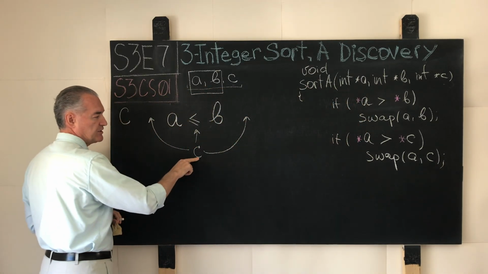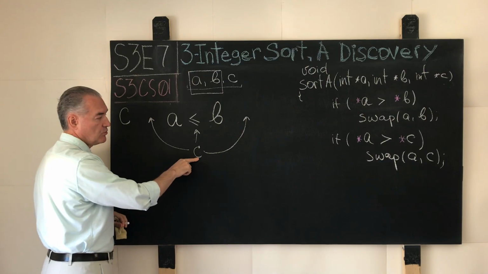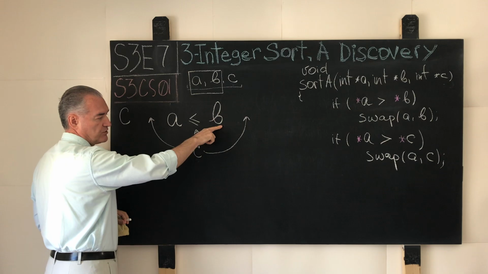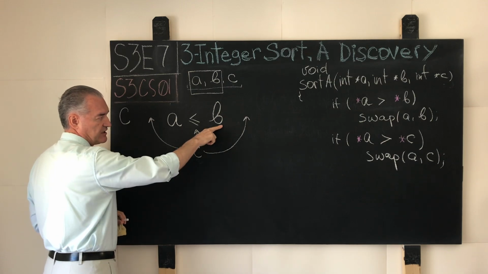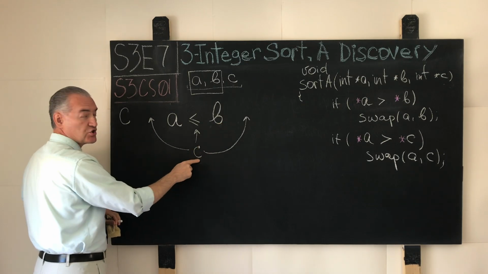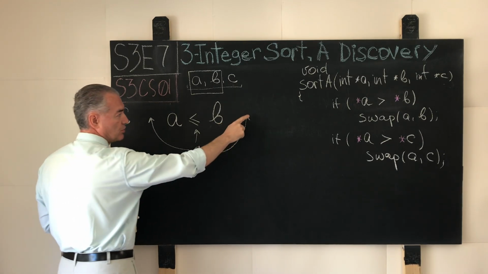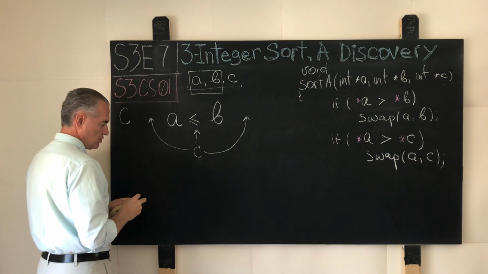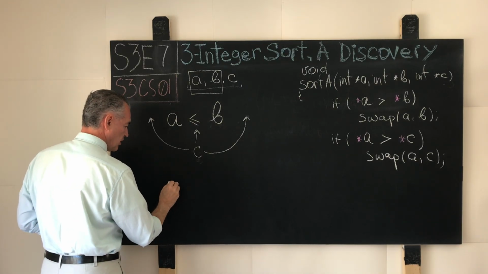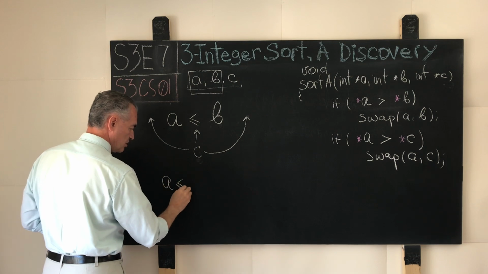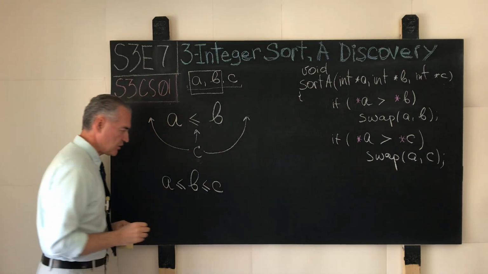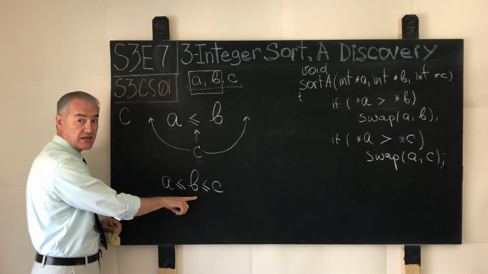And when we test the integer C, or when we test the mass of the coin C against the mass of the coin B, or the value of the integer C against the value of the integer B, if the integer B happens to be larger than C, C really belongs where? To the right of B, because our order, the target order, which we want to ensure is the case once we're done with our sorting algorithm, is precisely that.